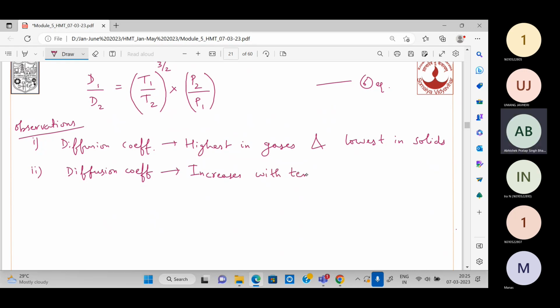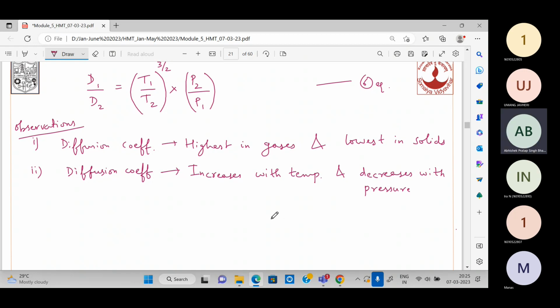These are the two observations based on the overall study.